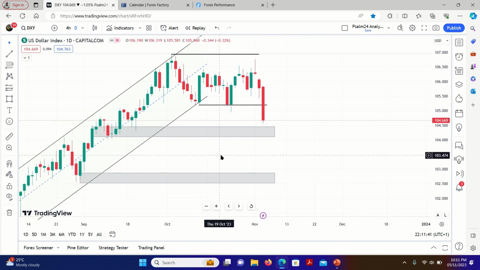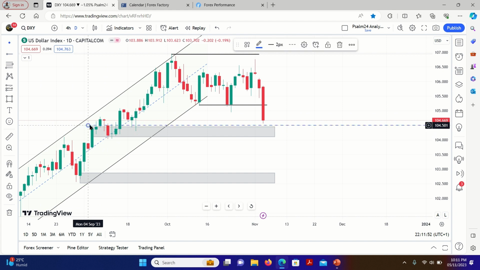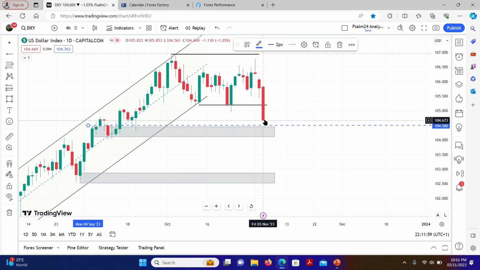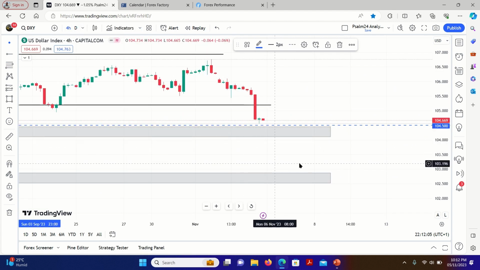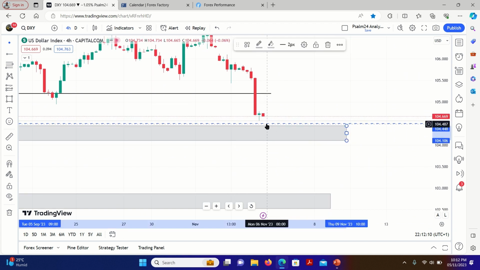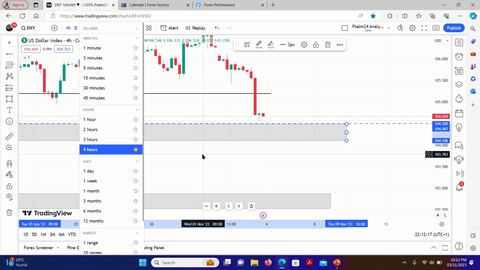So what we are going to expect on this particular pair is a further move to the downside to probably the psychological zone. We might see a decline in the value of this index to this psychological zone or support zone, which are all in alignment. So that is what we are expecting on DXY.